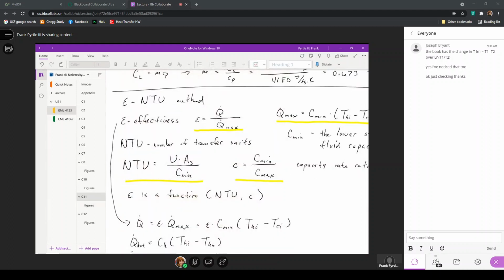When we look at this expression, the number of transfer units is the overall heat transfer coefficient times the surface area divided by the minimum capacity rate. Well, this is the expression through which we're able to define things like the overall heat transfer coefficient, given all the other quantities in a particular heat exchanger.